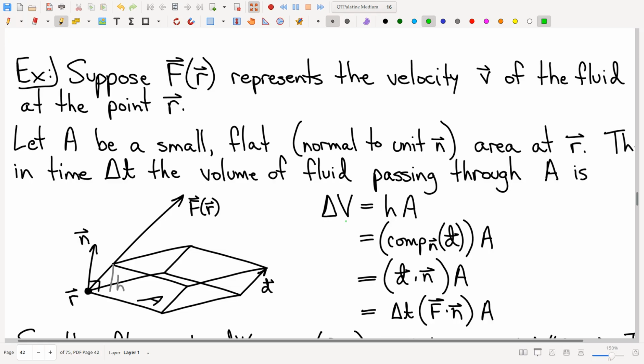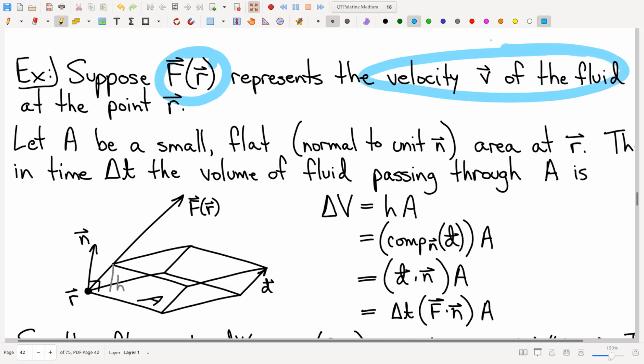So I've got a vector field. It represents the flow of the fluid in the sense that the field vector is the velocity of the fluid, wherever you might happen to be. The field vector is the velocity of the fluid at that point. Let's just say.